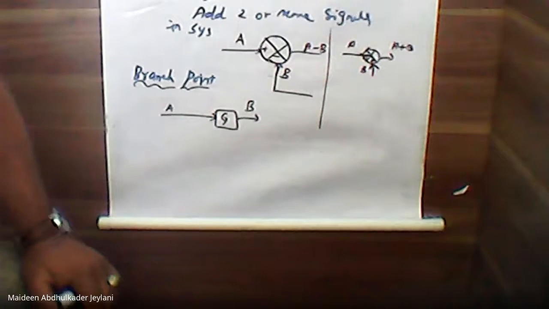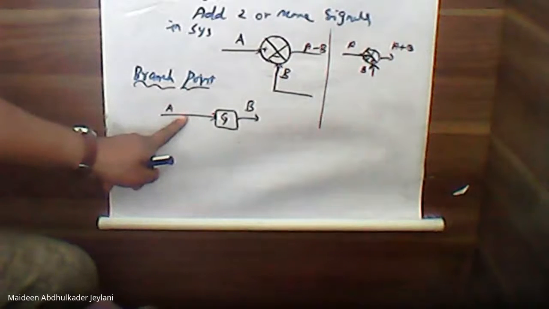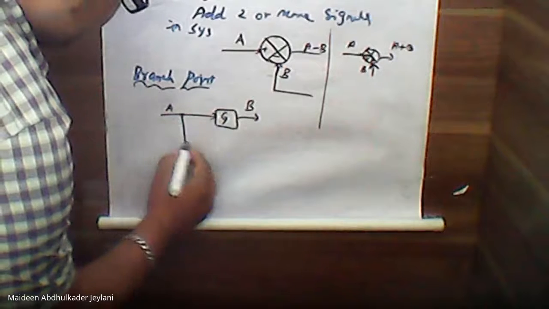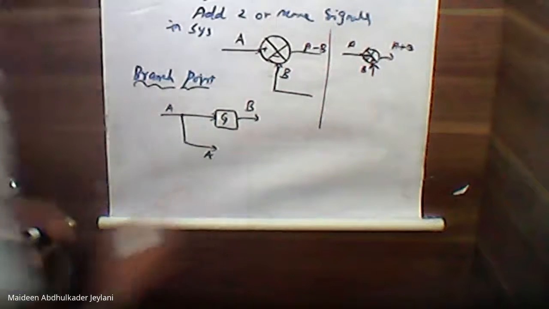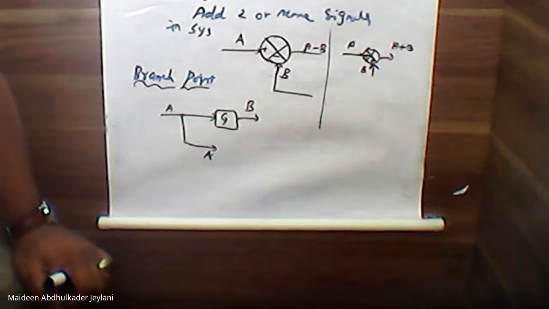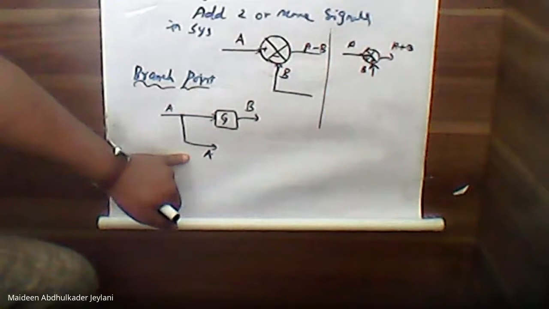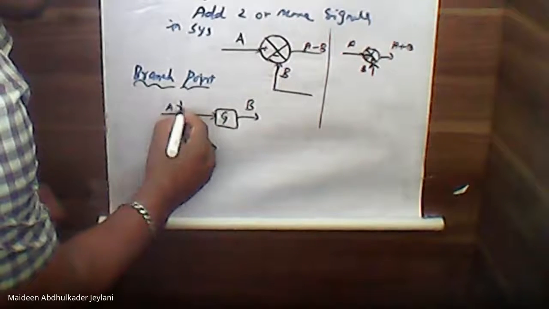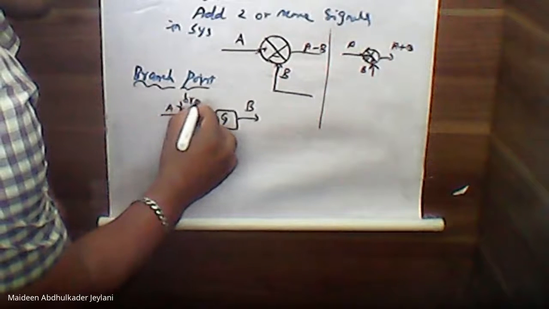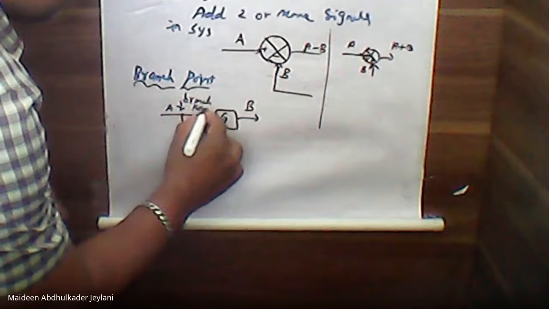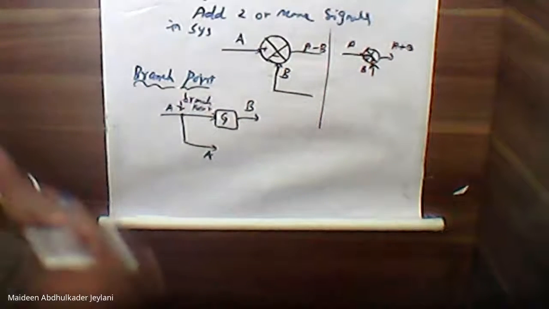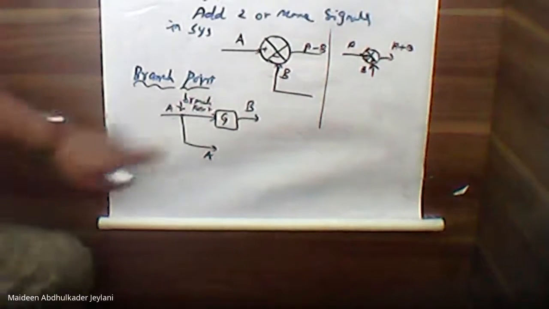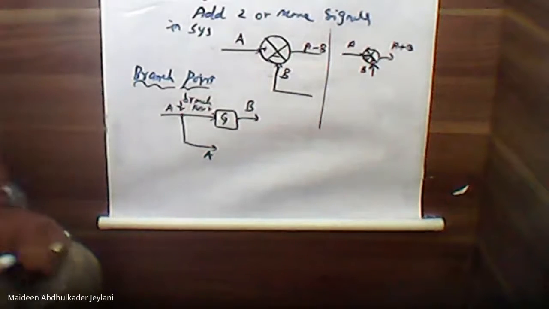If you want to give the same input to another system, A can be given to any other system. This point we call a branch point.